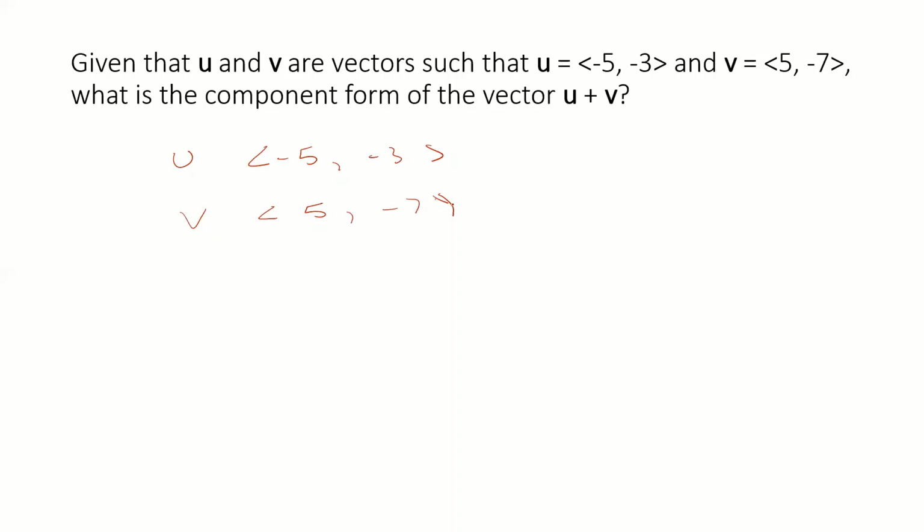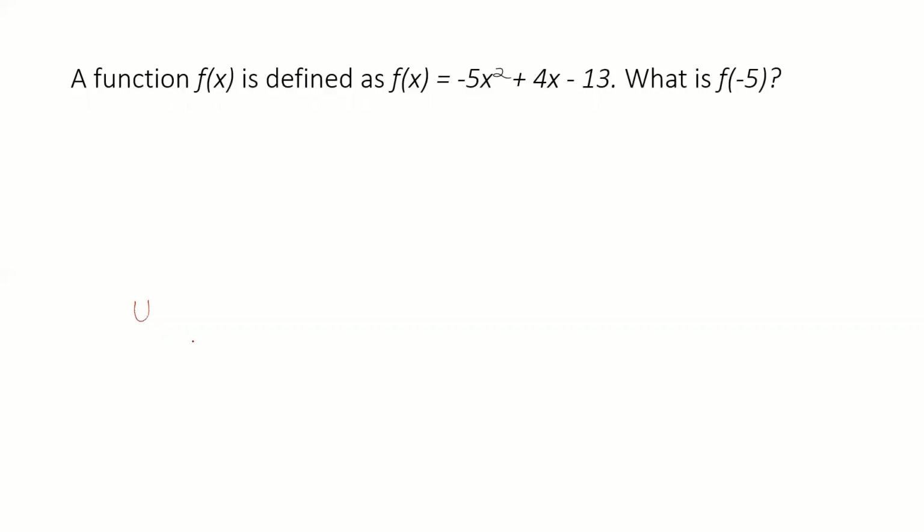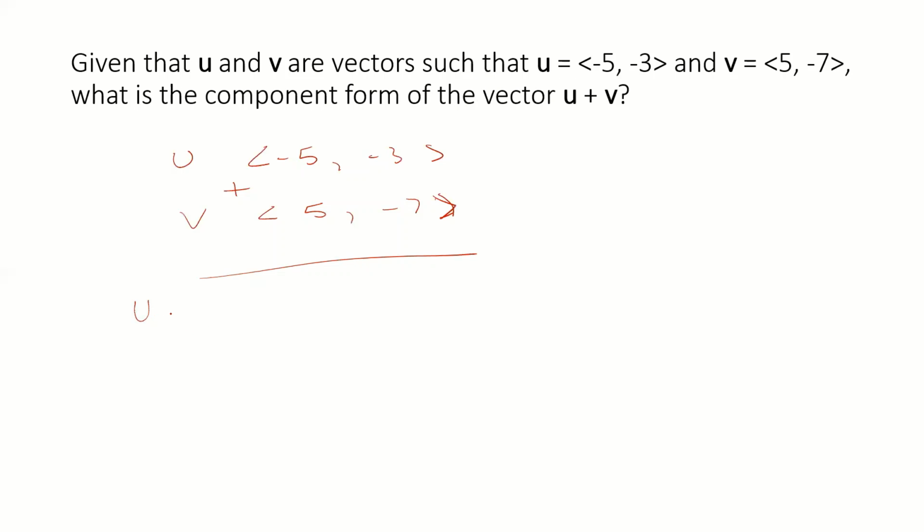Oh my goodness. Sorry about that. The problem asks us to add these up and figure out what the component form of vector U plus V is. Don't know what's happening with the computer at all. This is actually really simple.